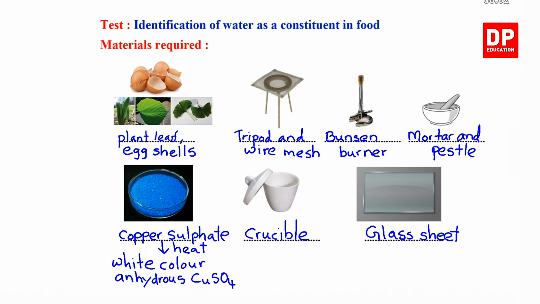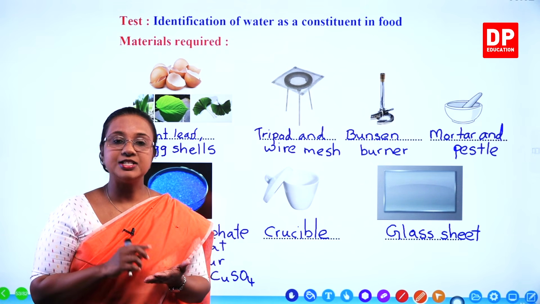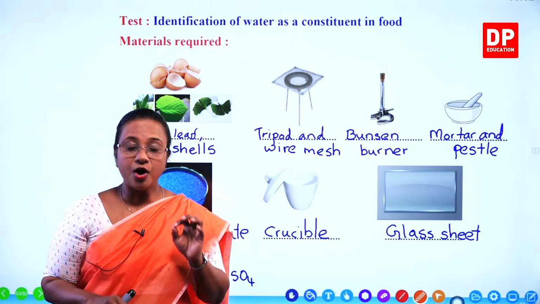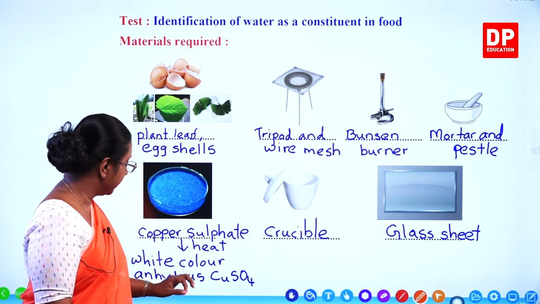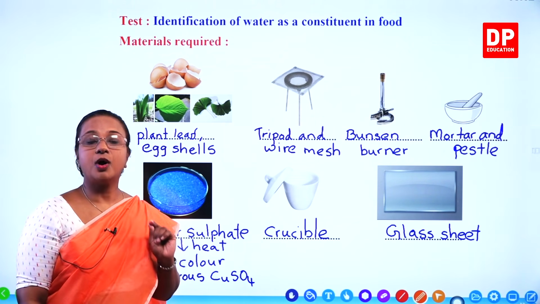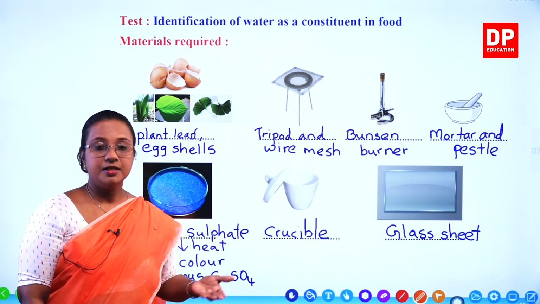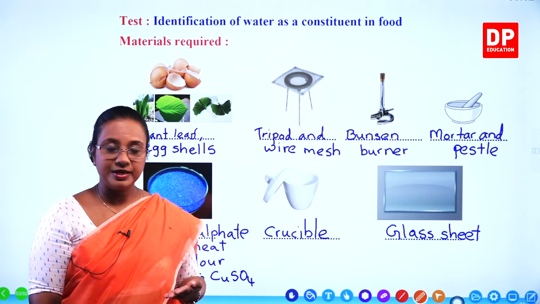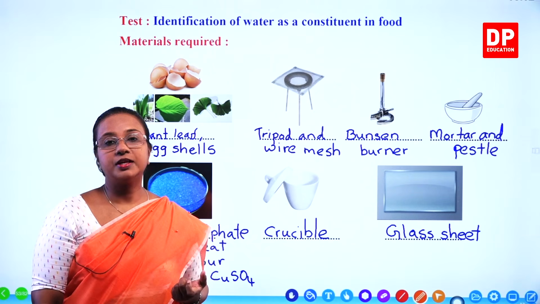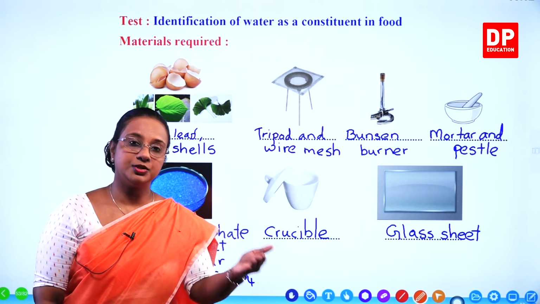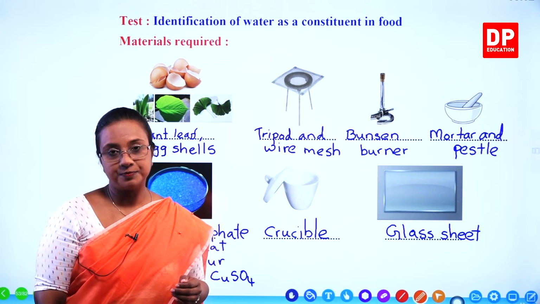So, then what do we do? We take the glass sheet that contains water droplets, and onto that we put the anhydrous copper sulfate which we have already prepared. Then you will get the observation. The white color of the copper sulfate will turn to blue in color.